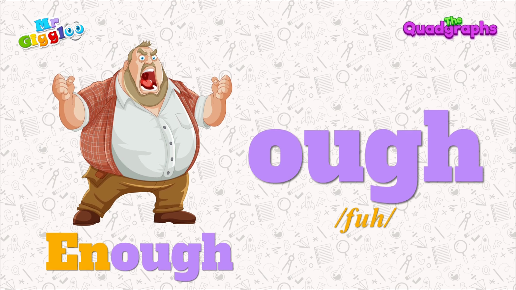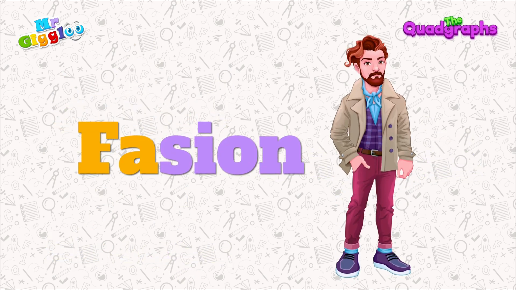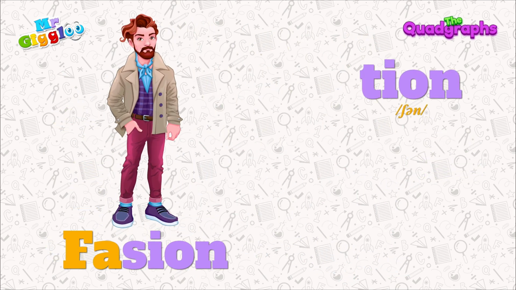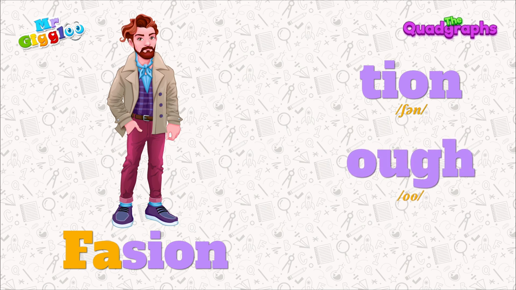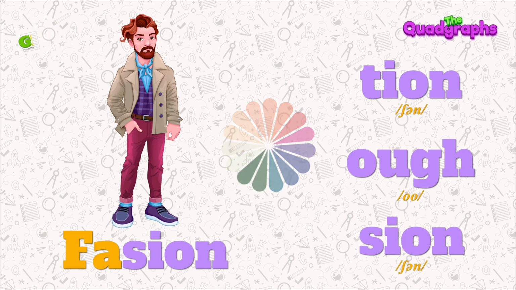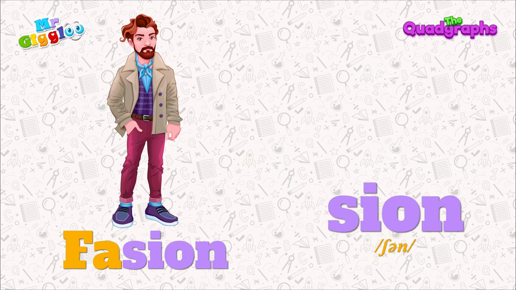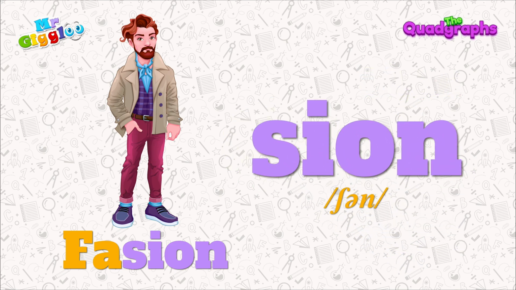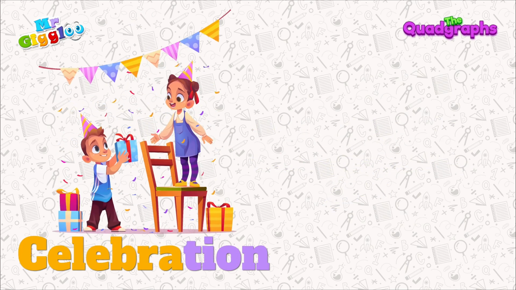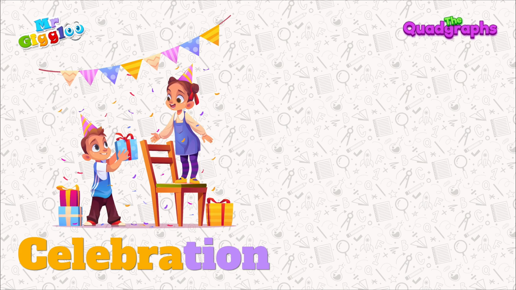The next word is fashion, and the options are TION, OUGH, SION. Can you match the quadgraph? You are right. It's SION. Fashion.